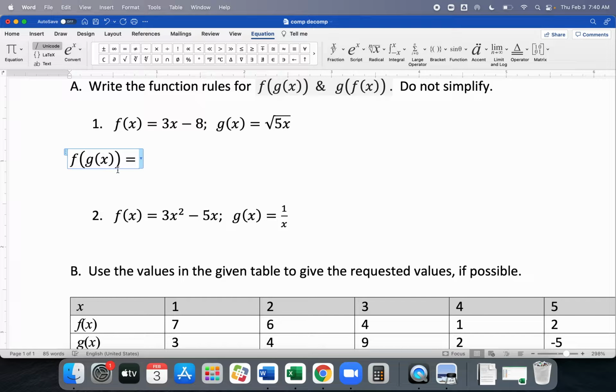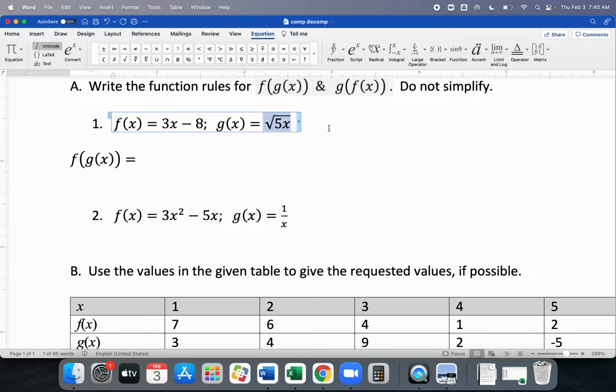This g of x is what we're doing first, and I'm taking the result, square root of 5x, and putting that result, whatever it may be, into f. This is asking for f of g of x, not f of g of a specific number.